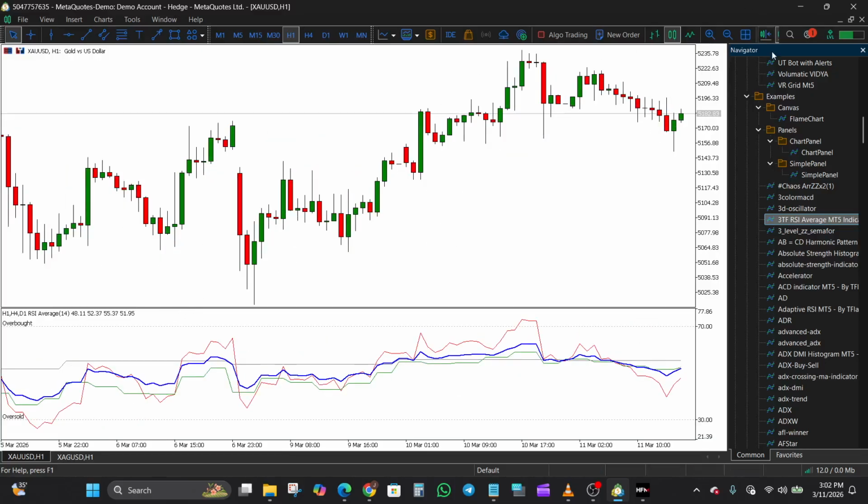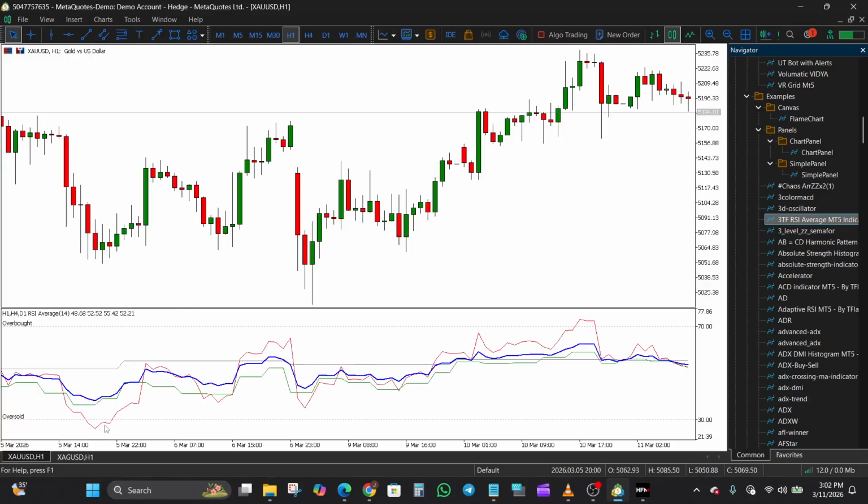In this particular example, we can see that the red line entered the oversold territory, after which it started crossing above the 30 level, and the price action, the candlesticks, started moving upward, right? So the candlesticks responded to the upside, just like how the indicator indicated.